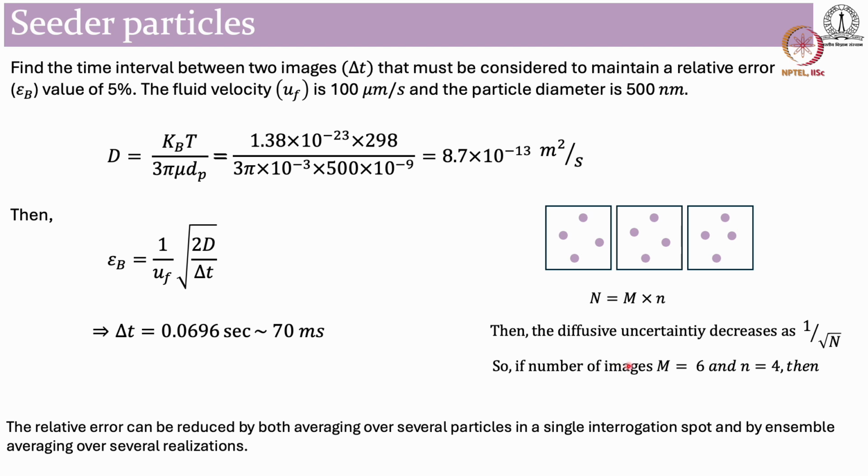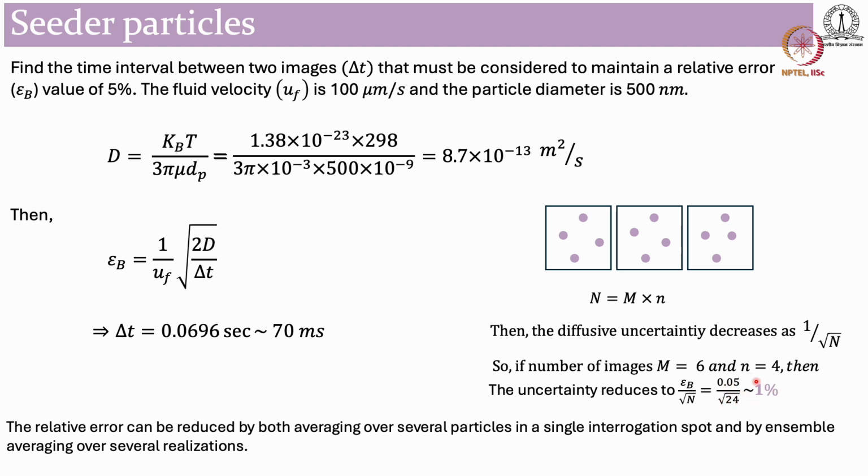So if the number of images m is equal to 6 say, and the number of particles shown here is 4, then the uncertainty reduces to epsilon b by root n. Epsilon b for a single particle was 0.05, divided by root over 6 times 4, that is 24.